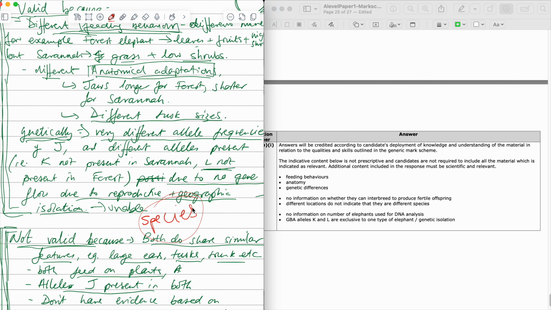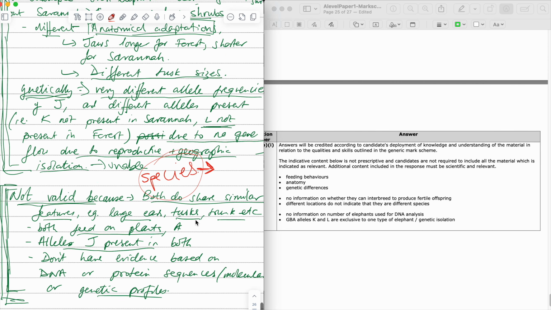I think there are a few things on the suggested mark scheme that potentially I could have added. For example, the references to the locations. I didn't talk about the locations. And I didn't think about how many elephants were used in the DNA analysis, because the more elephants that are used, it does affect the validity of the data.